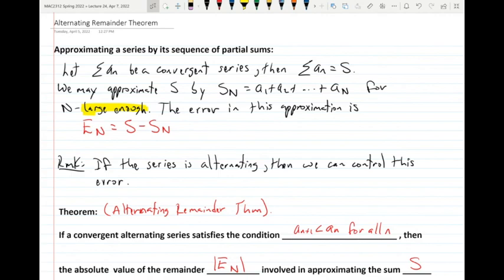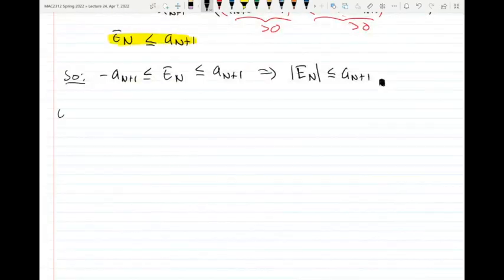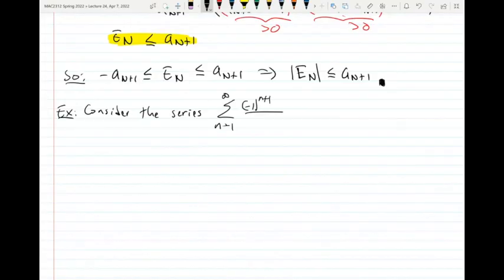So let's see, what is my series? Example, consider the series from n=1 to infinity of (-1)^(n+1) over n to the 4. That's a series, right? And then let's see, who can tell me, does this converge or diverge?